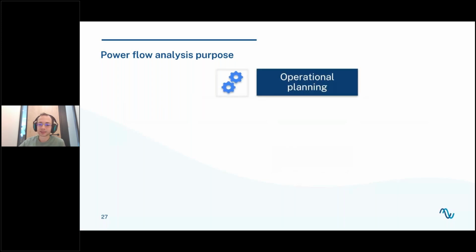The main objective of this analysis is that the transmission system operator needs to have the ability to plan accordingly. So they need operational planning. When we are connecting to the grid, they need to know what capabilities our PV plant has so that they can plan accordingly in case of several edge conditions.